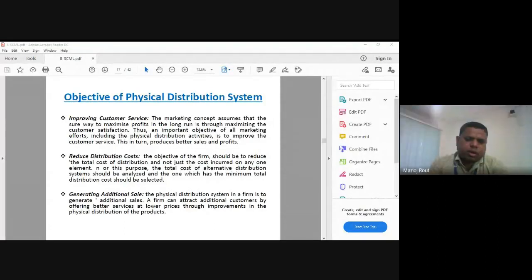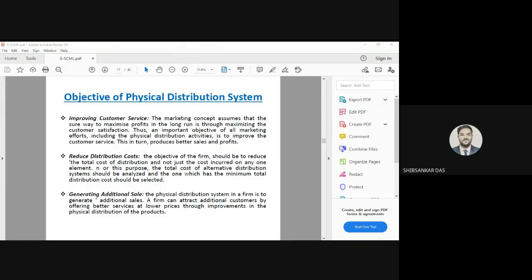If you take ITC, especially in the case of selling tobacco, there are no particular intermediaries there. They can directly make a hub and distribute. So it varies from company to company, and the distribution network varies from company to company, depending on their company policies.